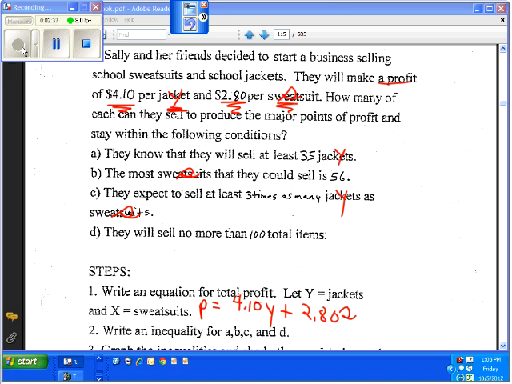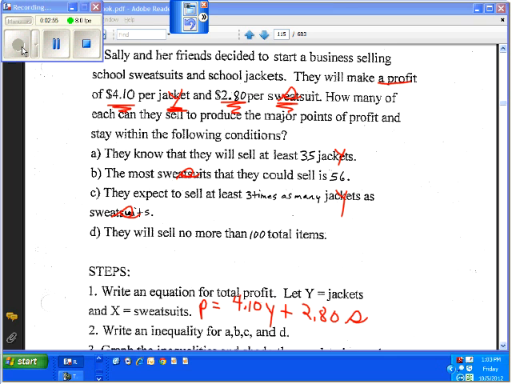And so we have a profit formula. We're going to plug the corners of our geometrical region into that profit formula later to take a look at the possible profit that could be made given these constraints on this business.